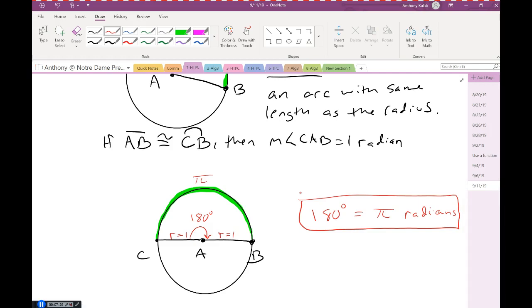So we might just write, the measure of angle C is, like, 3 over 2 pi. And it'll be understood that we're talking about radians there. Is everybody okay with that from a notation standpoint? Okay. So let's do some examples where we convert from radians to degrees and vice versa.